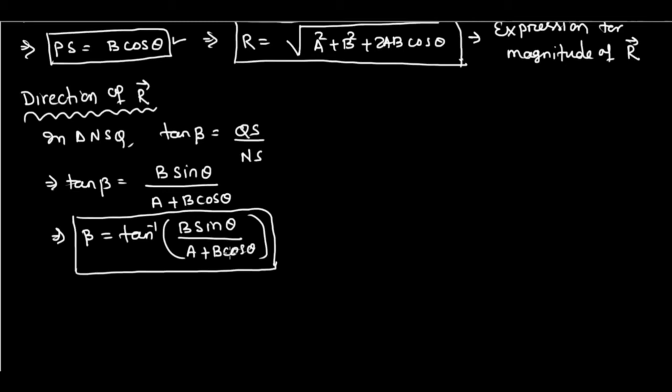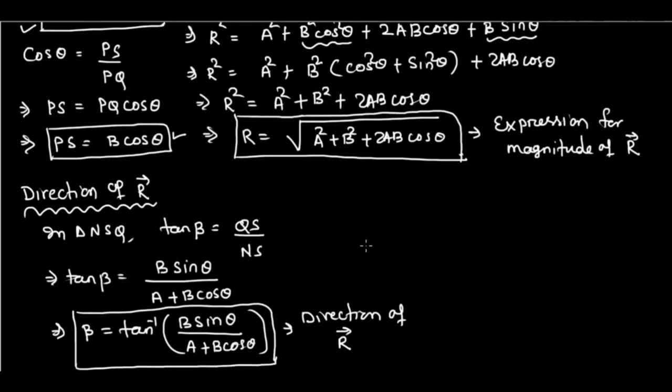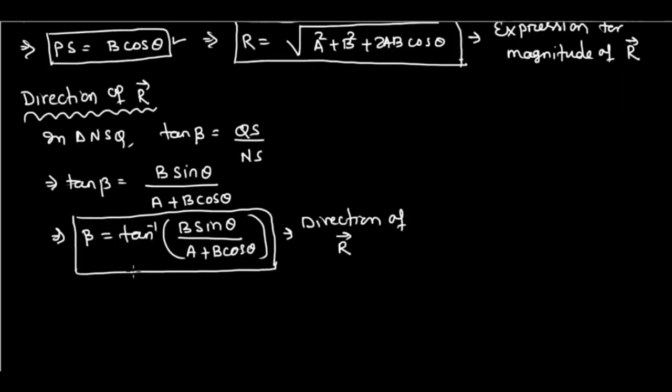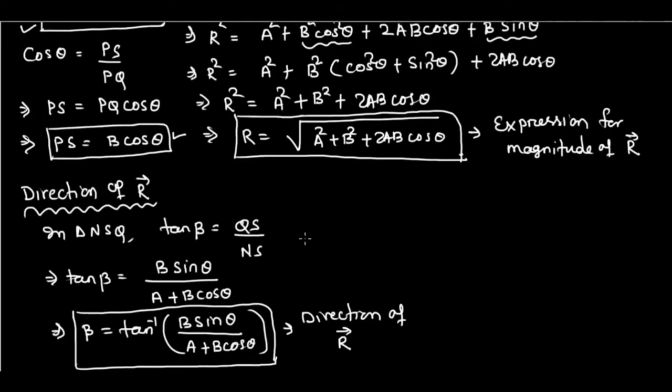You can use the triangle's law, you can use the parallelogram law, but you will get the same expression. This is the expression for the direction of R vector. Is that clear? So this is the magnitude of R vector, and this is the direction of R vector.